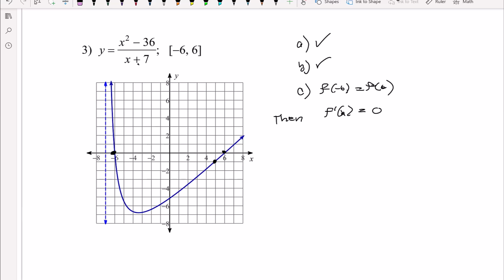So there should be a c value. And we can see that there's going to be something, but how do we do that? Well, we've got a quotient rule. So when we take the derivative, here's our f, here's our g.